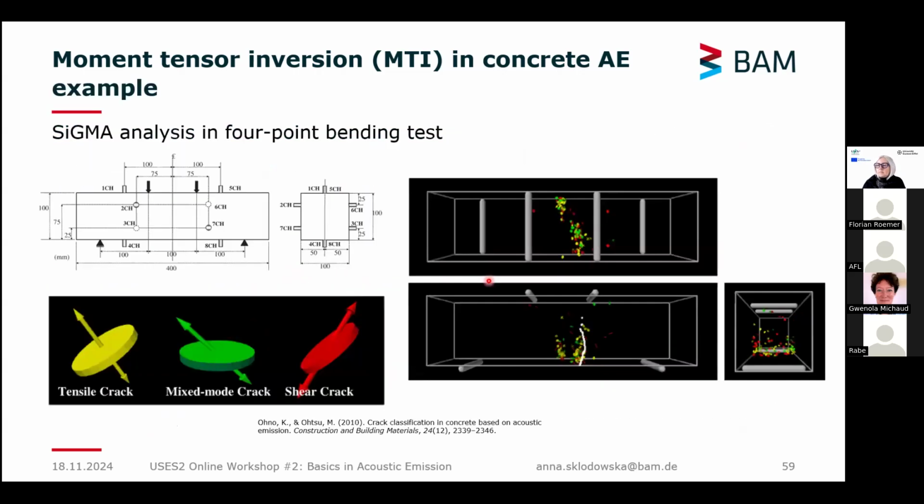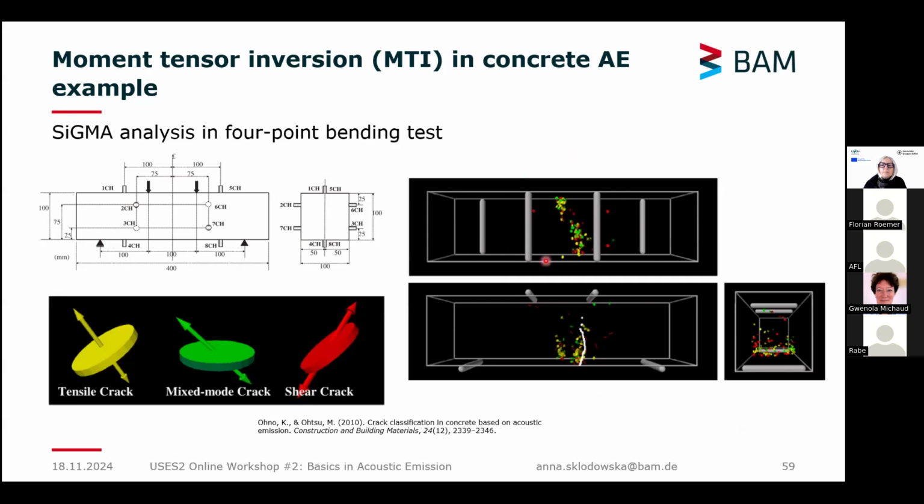This is one of the examples of application, again a 4-point bending of a beam. There are 6 sensors installed on the beam, and as you can see, different types of crack have different colors.